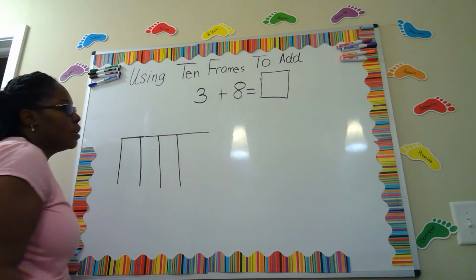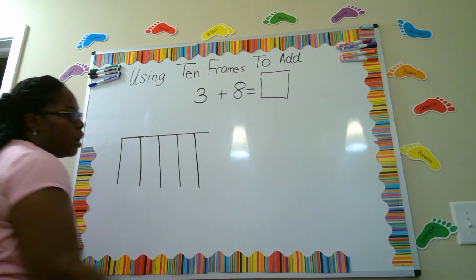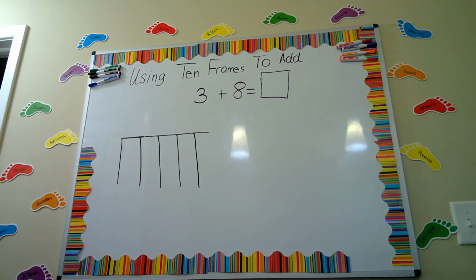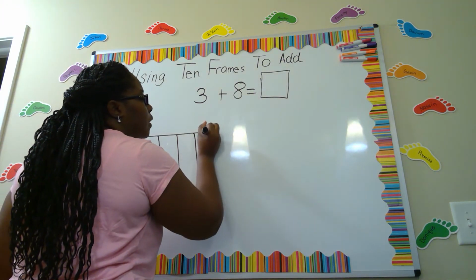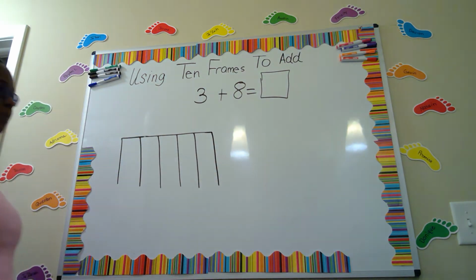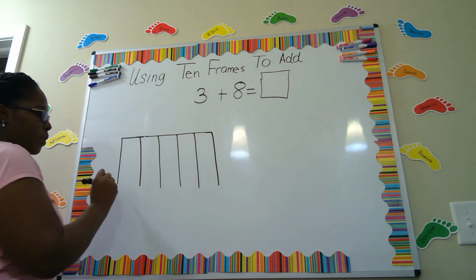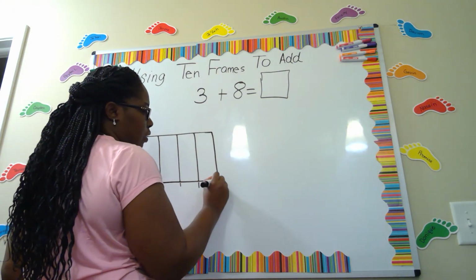Okay? Let's take another 3 fingers. Draw a line down. And then we're going to close it off at the end. And then at the bottom, we're going to draw a line to completely close it.